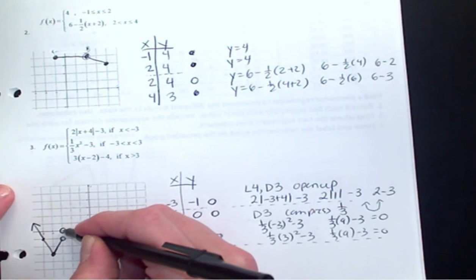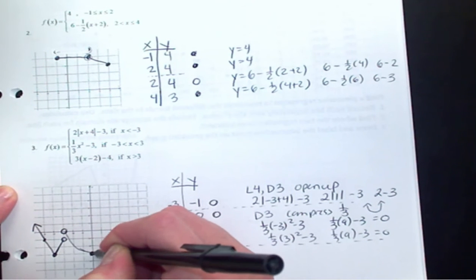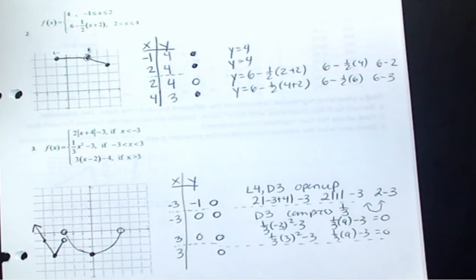Now I know this is supposed to be a parabola. So I've got the endpoints. I have the shift, right? Down 3. And connect the dots. Does it need to be perfect? No. The endpoints need to be accurate. The general shape needs to be correct.